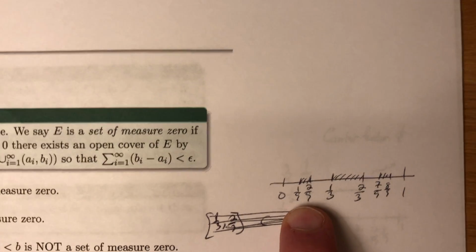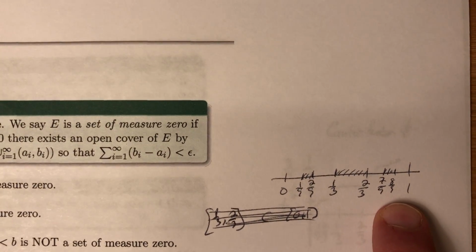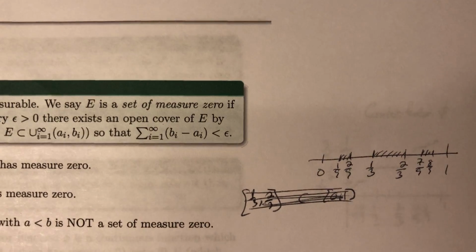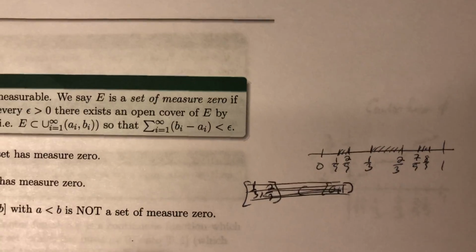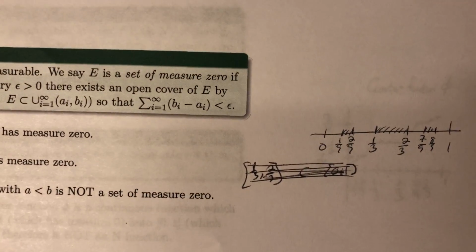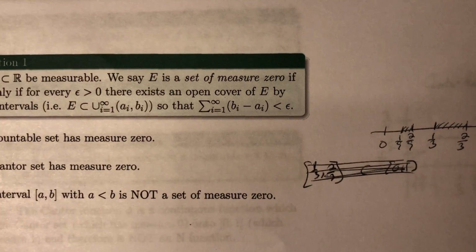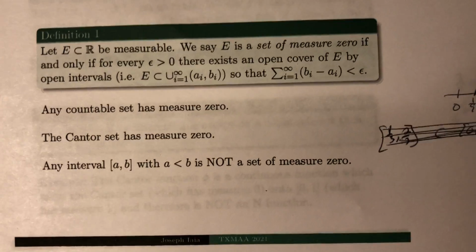So 1/9 to 2/9, and 7/9 to 8/9, and then you just keep this process going forever. The Cantor set is what's left after you do all of this removing, and it turns out to be a set of measure 0.